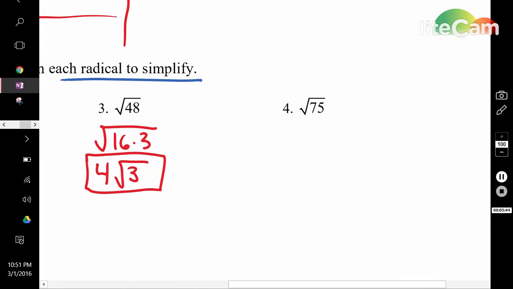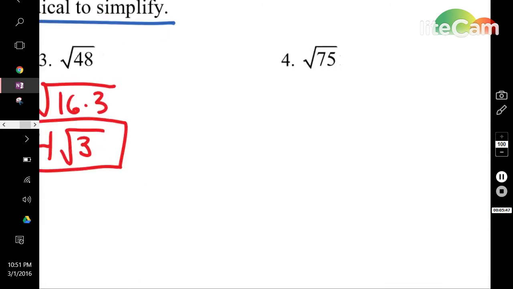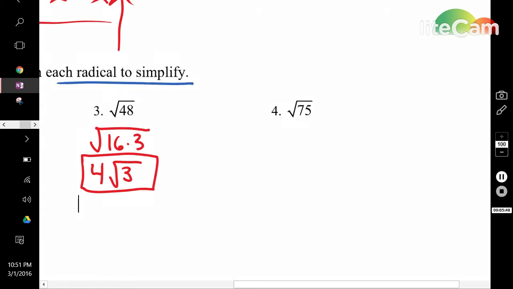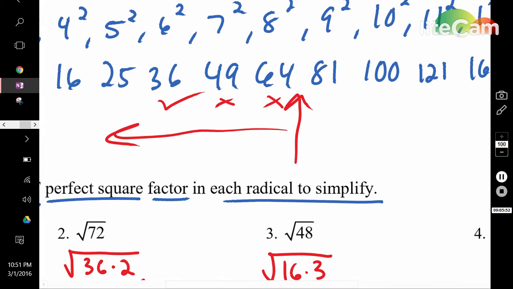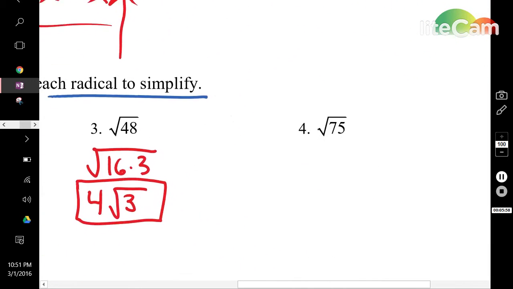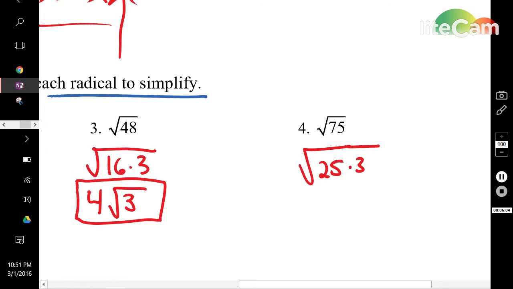Let's do one more in this first row here. Number 4, the square root of 75. Working backwards, 64 does not go into 75, 49 does not, 36 does not, 25 does. 25 goes into 75 3 times. So it's the square root of 25 times 3.